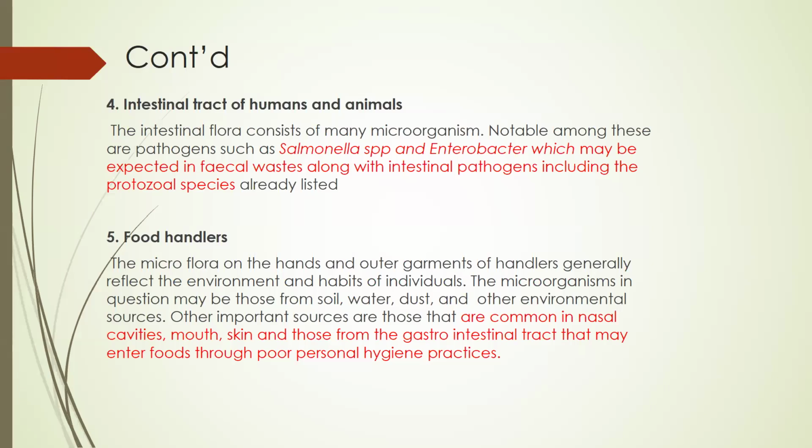Then you just, after using the toilet, you just got up, you just rinse your hand, you did not use soap and water. Then you went ahead to prepare food for your family. The next thing is that everybody will start stooling and vomiting because you have ended up transferring the Salmonella or the organism that is responsible for vomiting and stooling. So the intestine of human beings and animals can also introduce microorganisms into food.